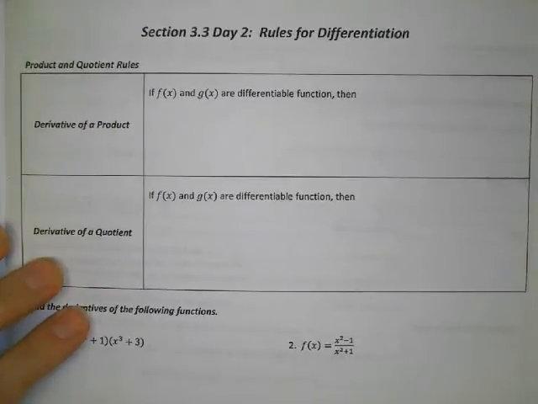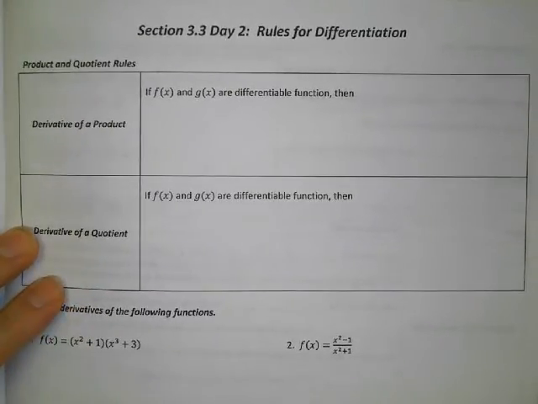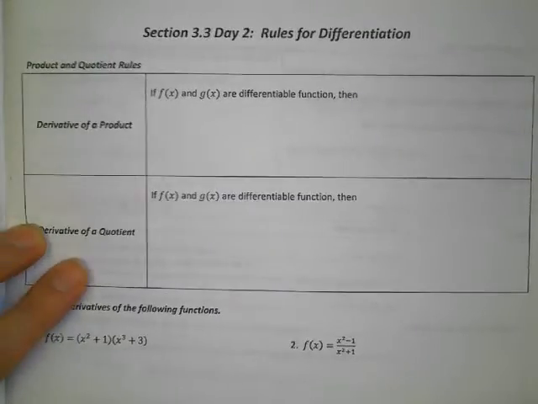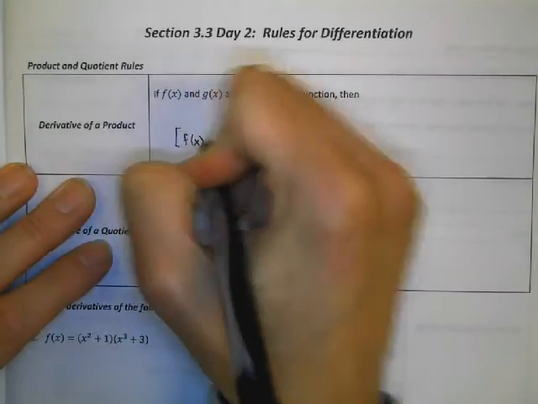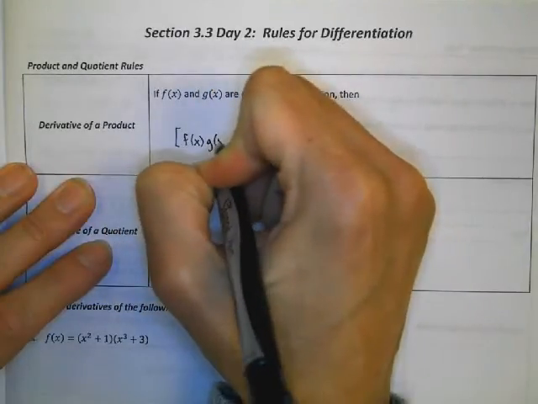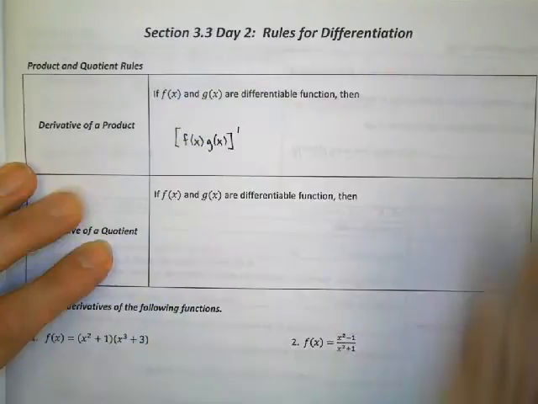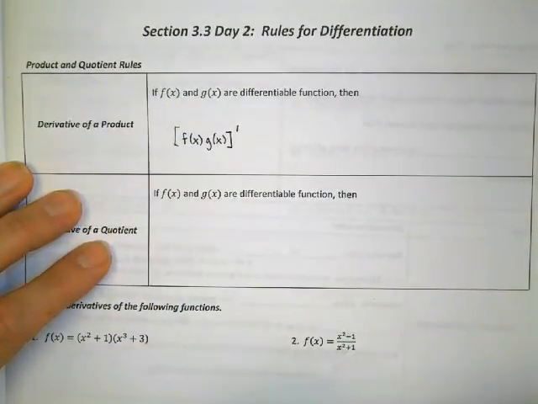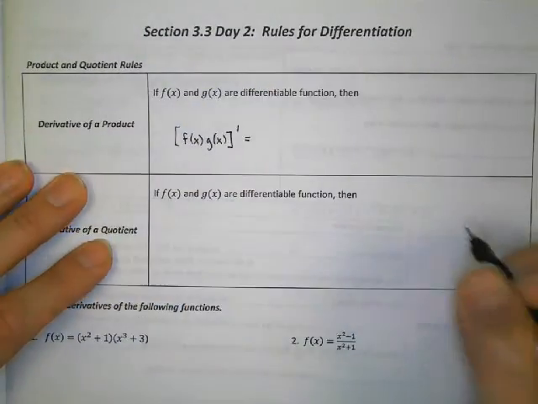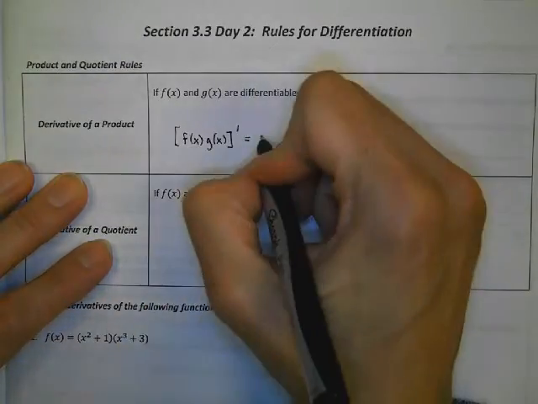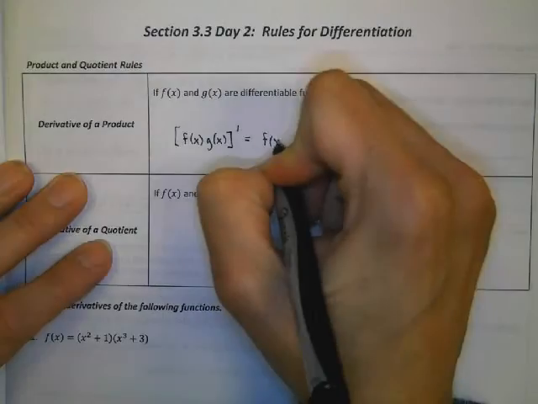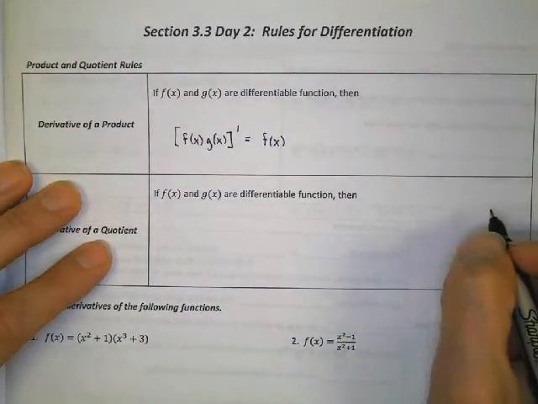The first one, the derivative of a product. If I have two differentiable functions, f of x and g of x, and I want the derivative of their product, f of x times g of x, here's what it looks like. I take my first function in the product, f of x, and that stays as is.